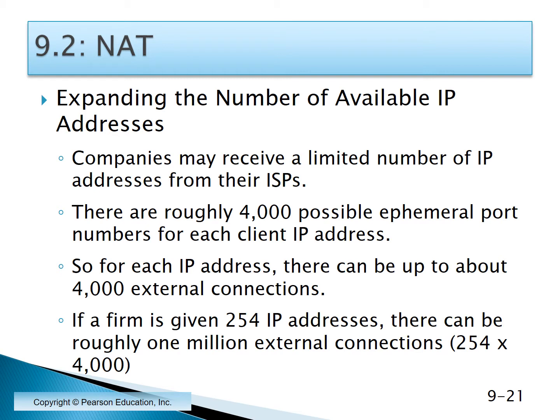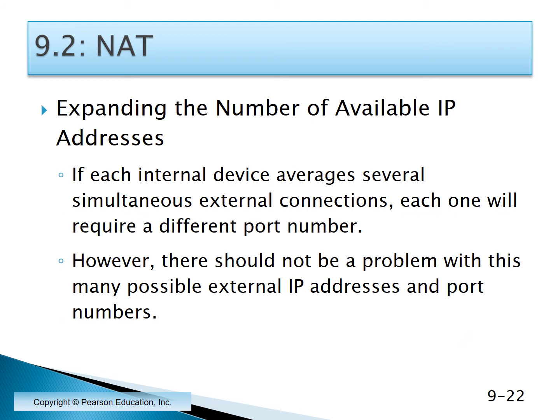With the 1 million external connections, you can use NAT to share that with many hosts, because for each host normally you won't use 4,000 external connections at the same time. You might just use maybe 100, and that's a lot already. Say if each internal device averages several simultaneous external connections, each one will require a different port number.